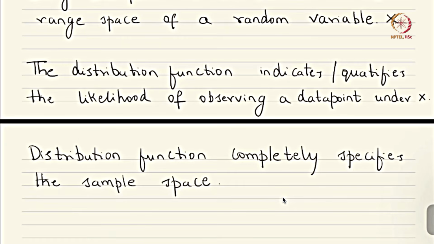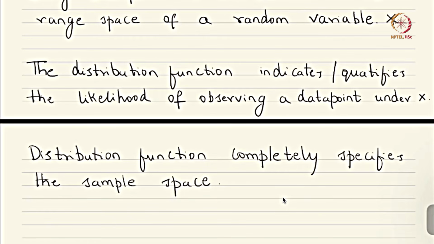Now, what the probability measure tells you is the likelihood of obtaining a particular event, that is the interpretation of the probability measure. The same interpretation holds true for the distribution function as well. So, the distribution function tells you what is the likelihood of obtaining this particular image, if I may say that.